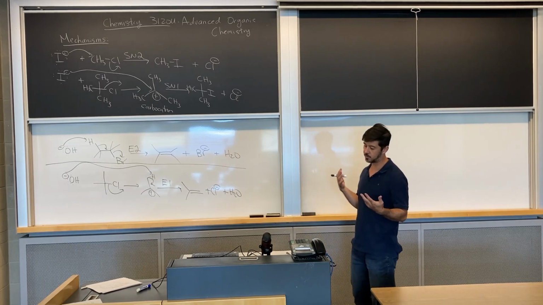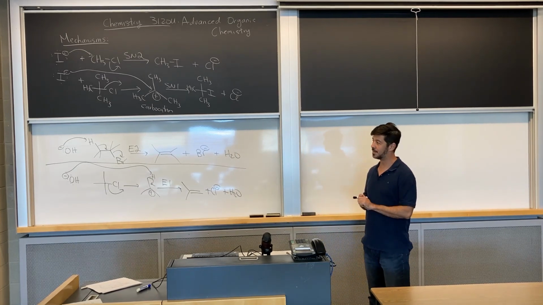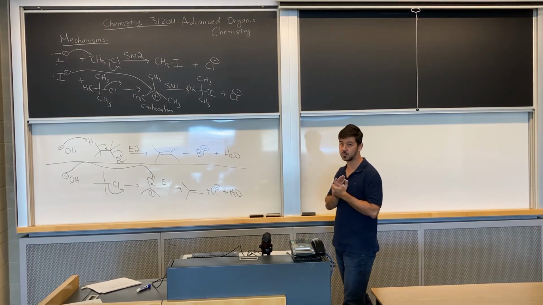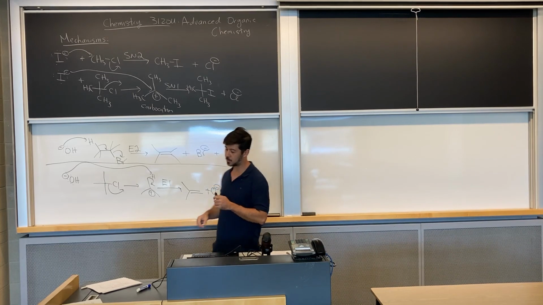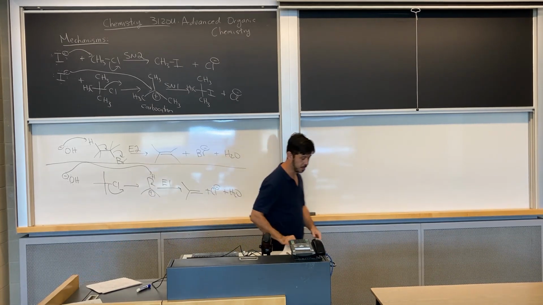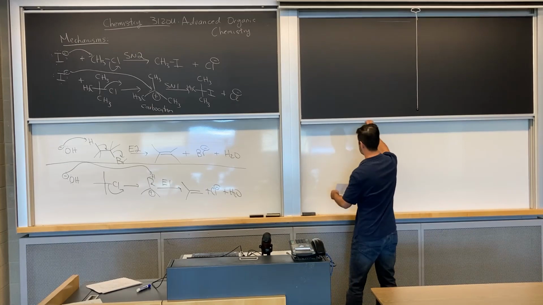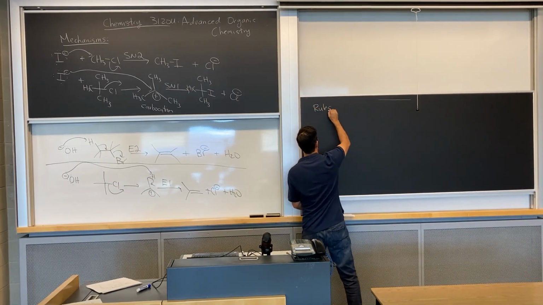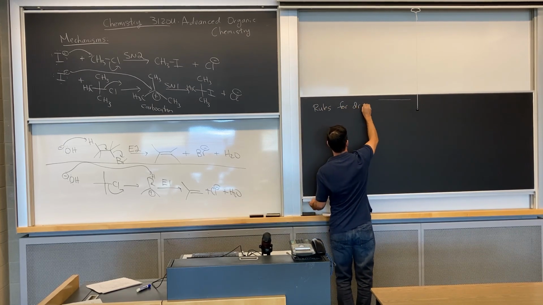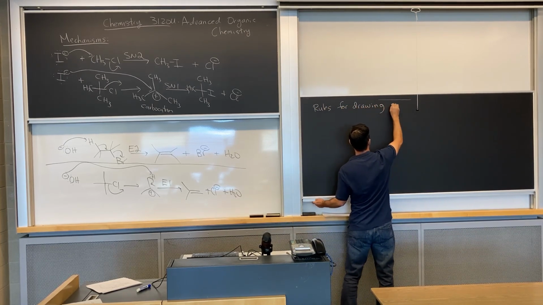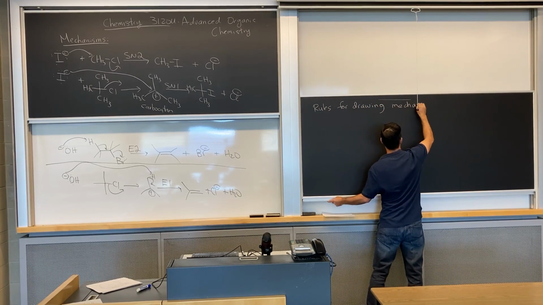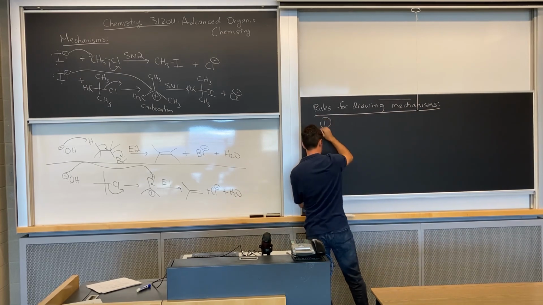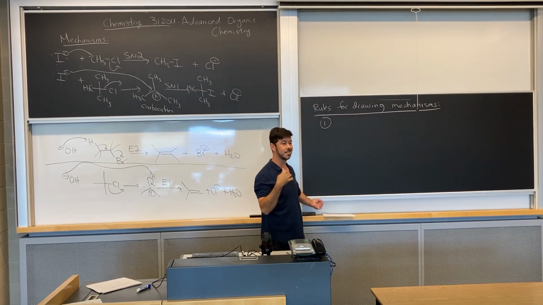Mechanisms are a language that rationalizes the outcome of a reaction, and it describes the movement of electrons. There are some very important rules with respect to how to draw and how to use these mechanistic arrows. So rule number 1: you want to draw the lone pairs at the site of the reaction.